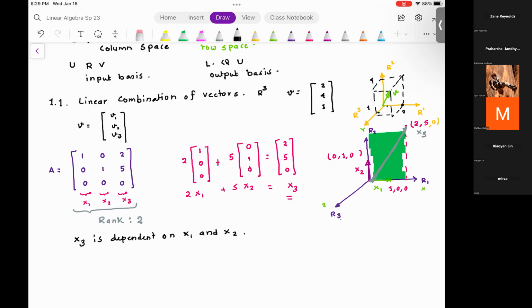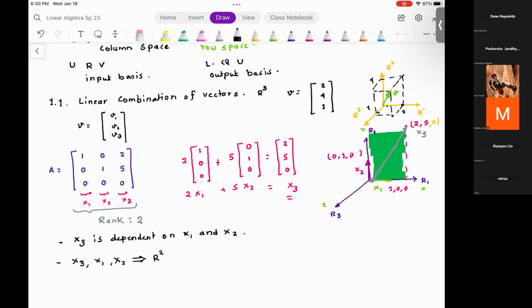Another way to say that is vectors x3, x1 and x2 are in R2 space. So that is where all the vectors can be represented. Everyone understood this? Any conceptual questions here?